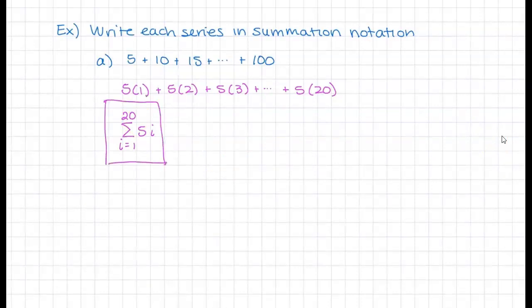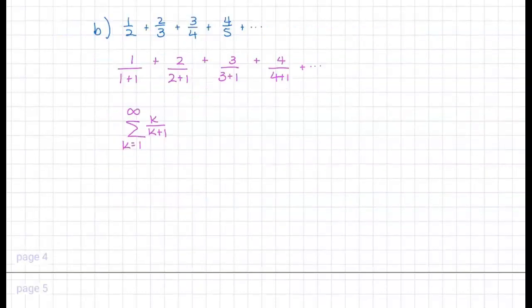Okay, so let's try this problem. Again, try this on your own, and then we'll look at it together. All right, so again, you don't have to write this part out, but you can if it helps you see it. If you notice, the numerator is just 1, 2, 3, 4, 5, so the first term is 1, second term 2, third term 3.